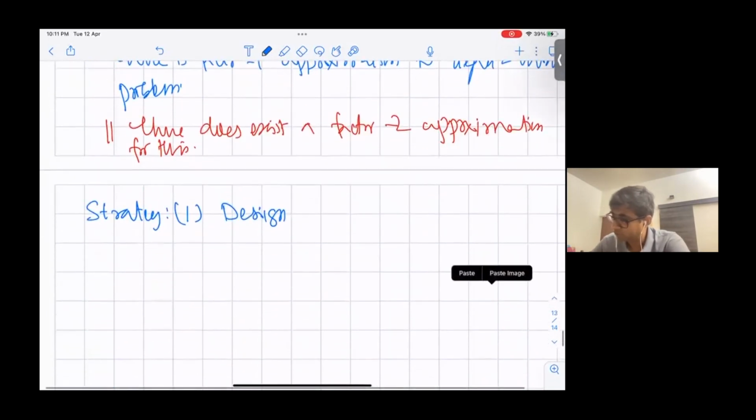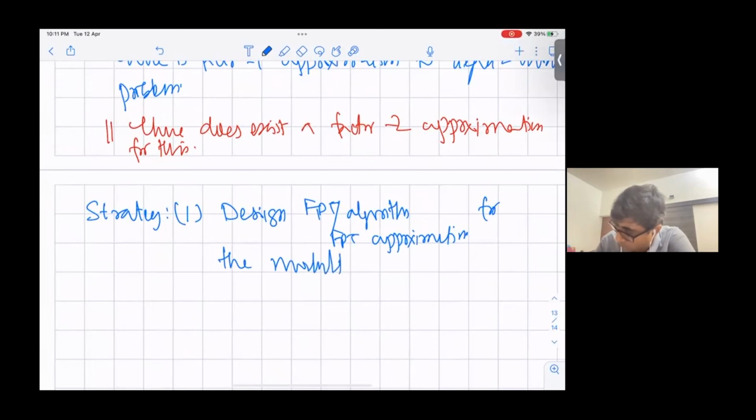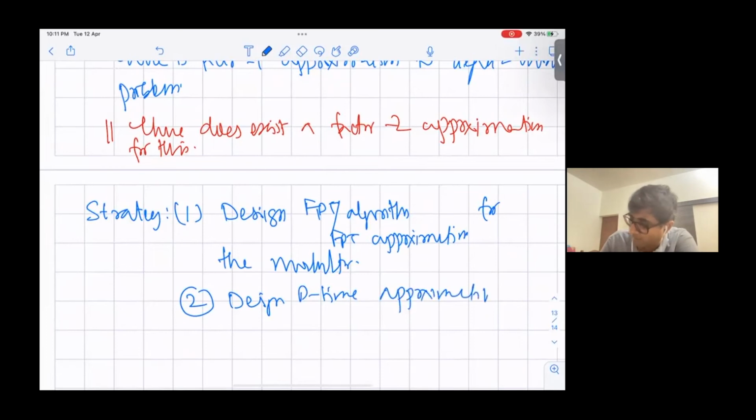So what is strategy 1? Design an FPT algorithm, or an FPT approximation can also work, for the modulator. And secondly, design a P-time approximation.